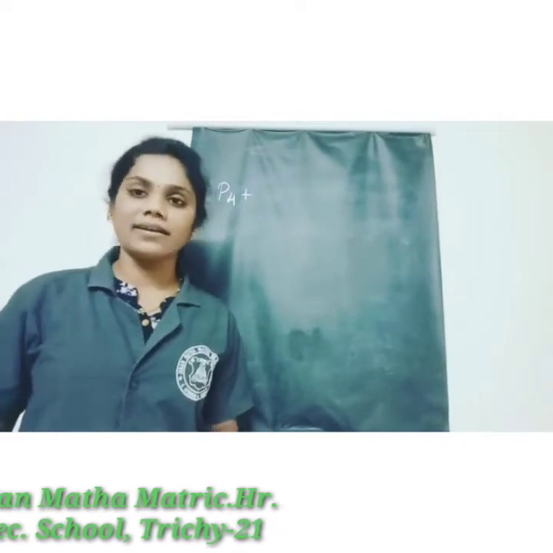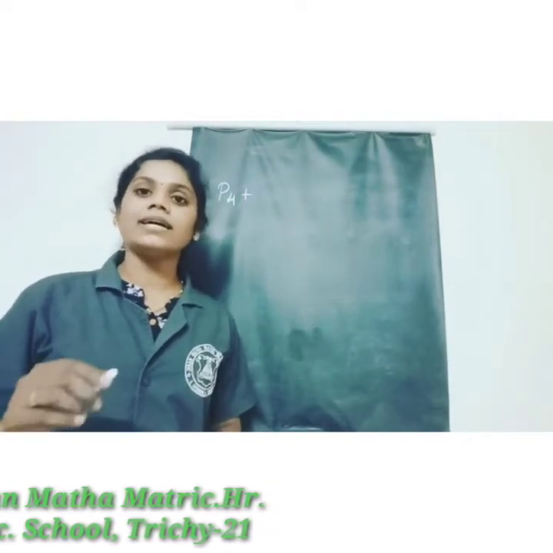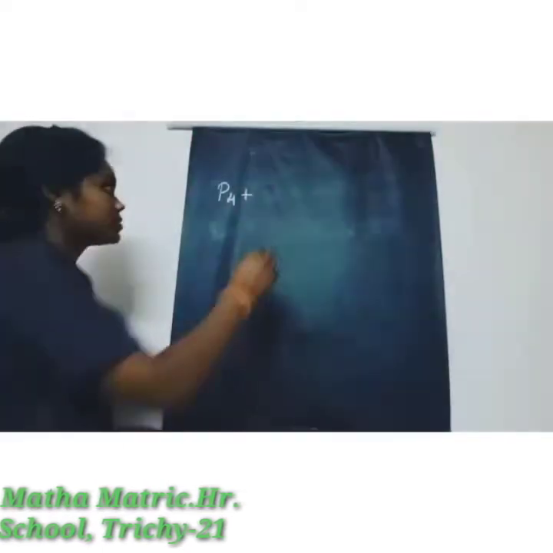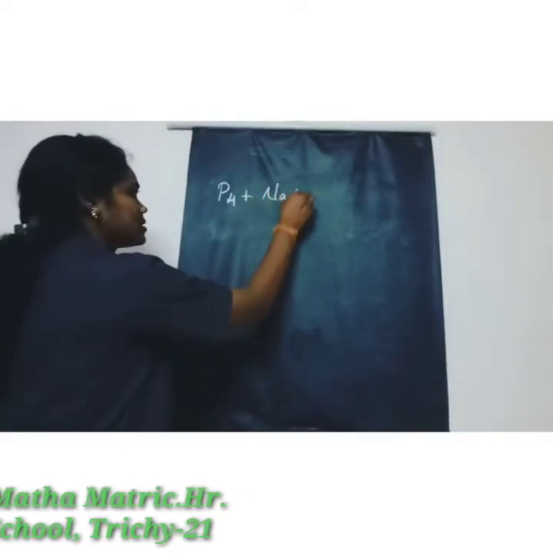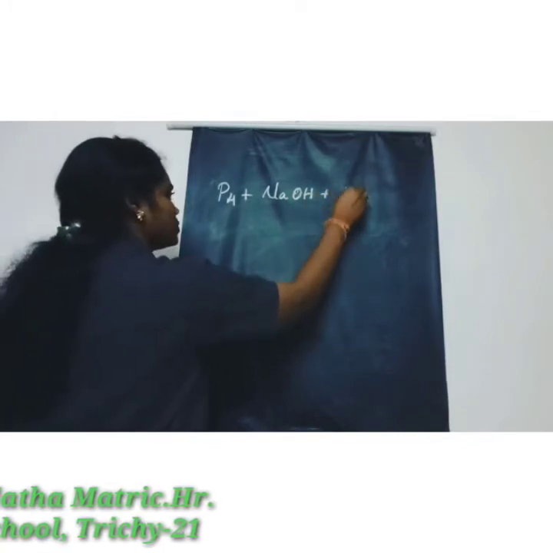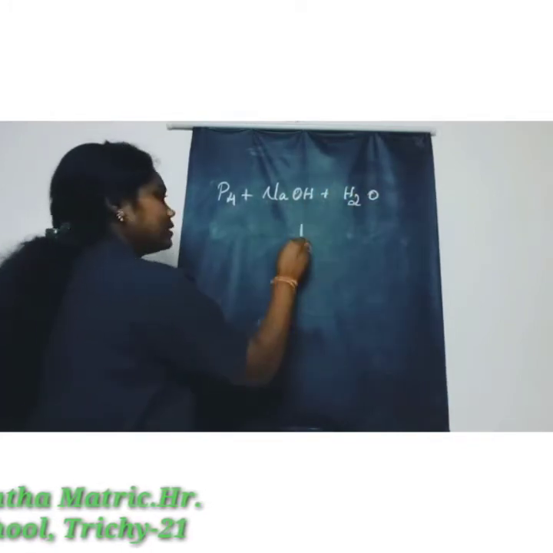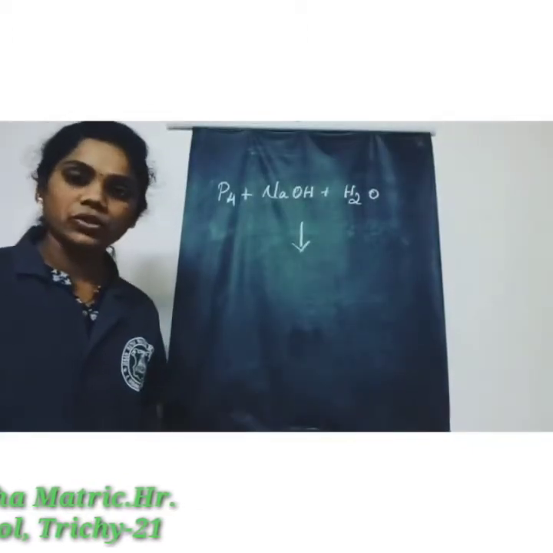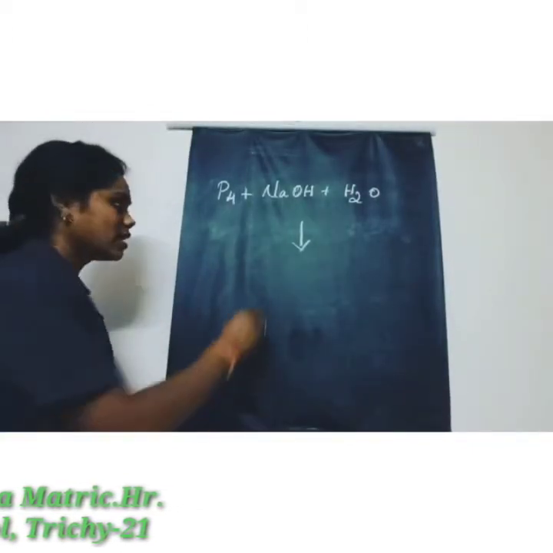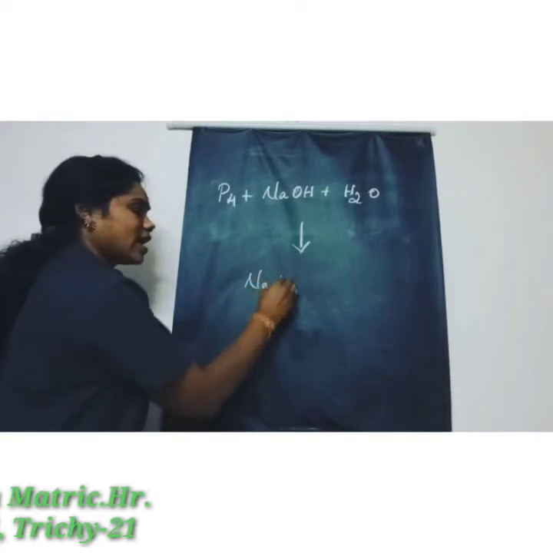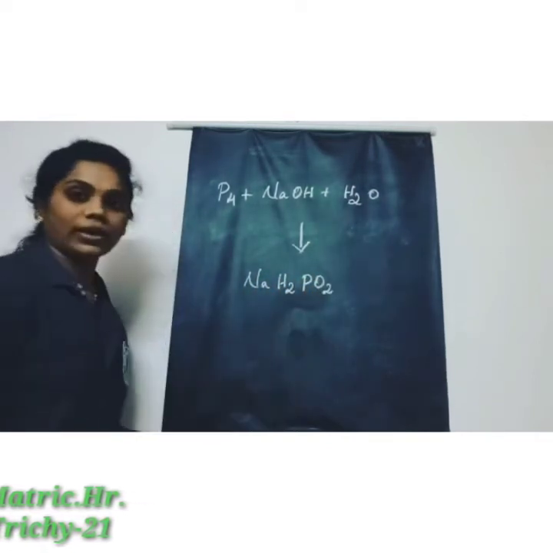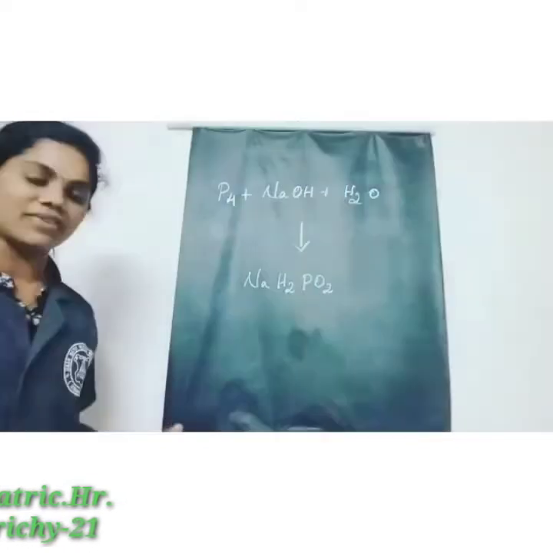Here sodium hydroxide is one of the alkalis. The formula for sodium hydroxide is NaOH. So NaOH plus H2O gives sodium hypophosphite. The formula for sodium hypophosphite is NaH2PO2.